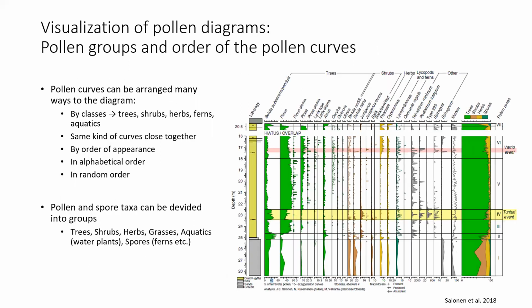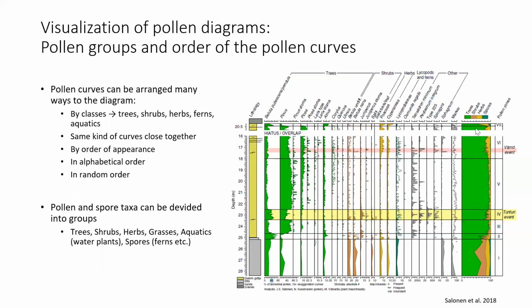Then about visualization of the pollen data. The pollen diagram can be divided in different ways. You can use different groups, first presenting trees, then maybe shrubs, then herbs. There can also be aquatics.